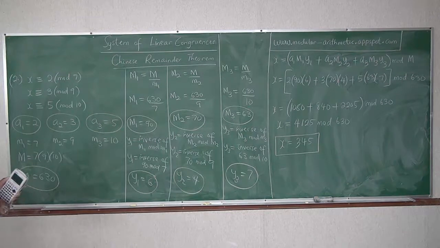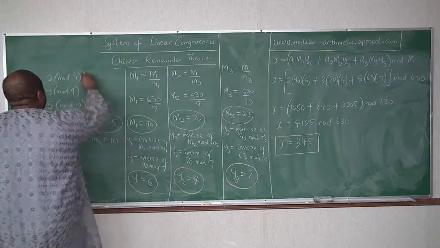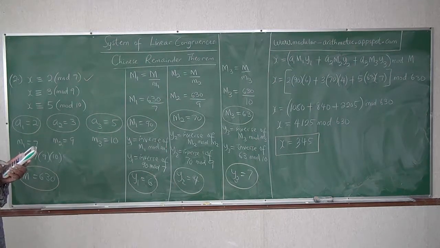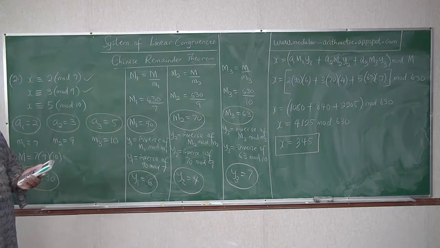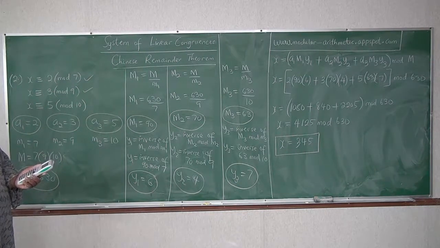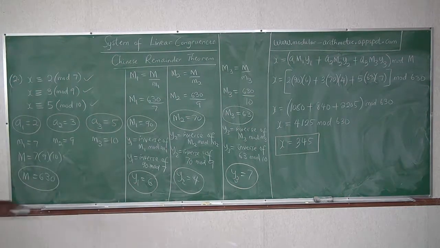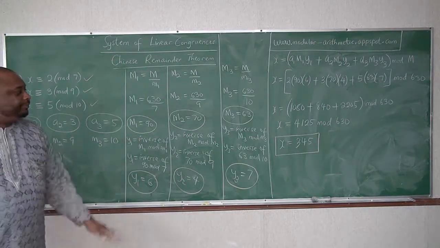So this works for the first one. 345 divided by 9 is 38.333. 38 times 9, subtract from 345, gives you 3. It works. 345 divided by 10 gives you 340, and the remainder is 5. Yeah, it works. Thank God, this worked for all three of them.